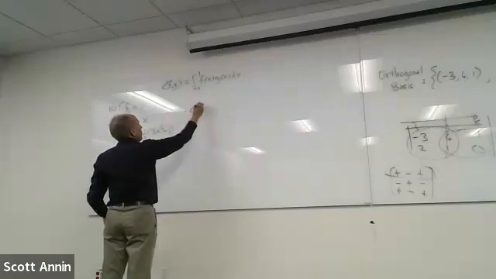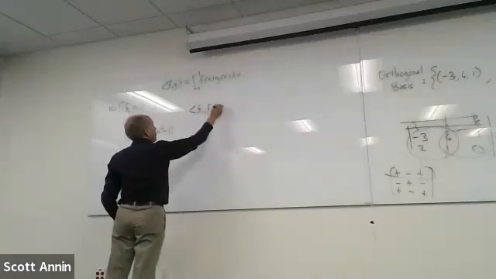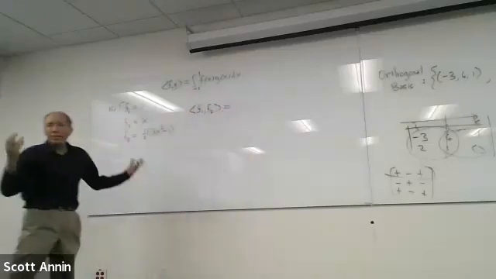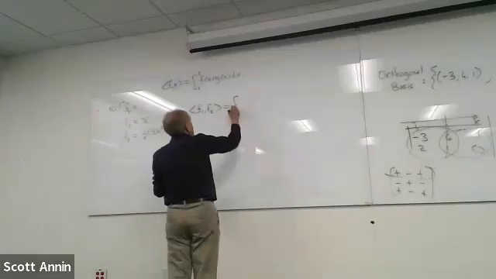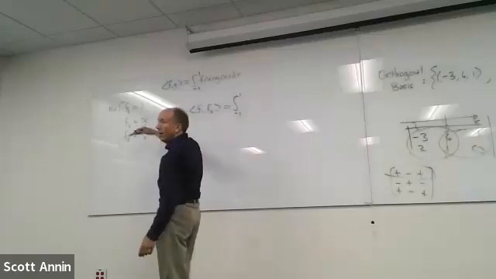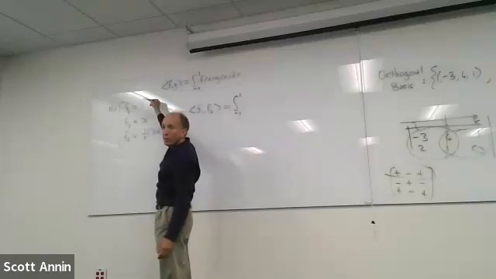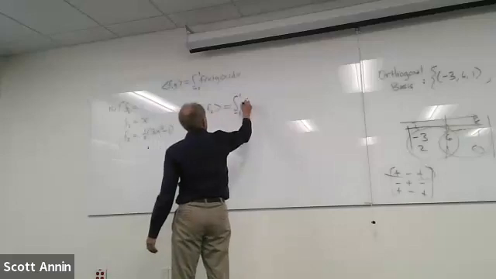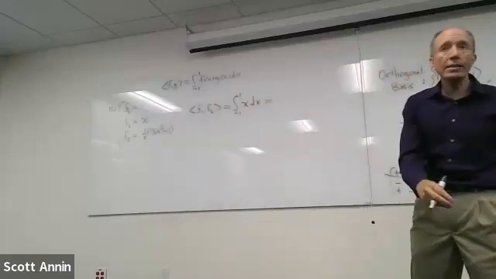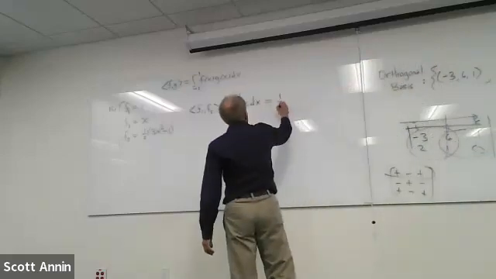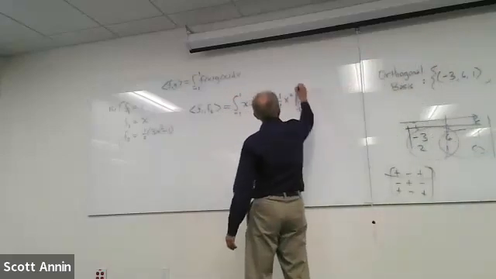So, for example, the inner product of f1 with f2, we have to calculate this. This is just the integral from -1 to 1 of the product of the first 2 functions, 1 times x, which is just x dx. Right, so you're just integrating x dx, and of course that gives you 1/2 x squared when you do the antiderivative.